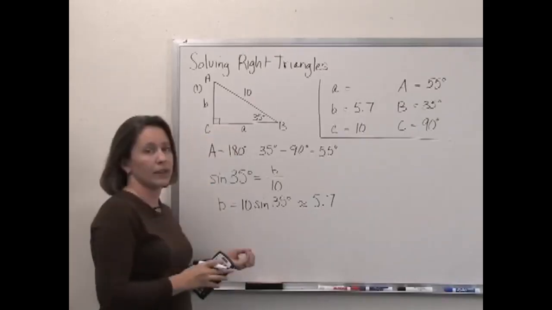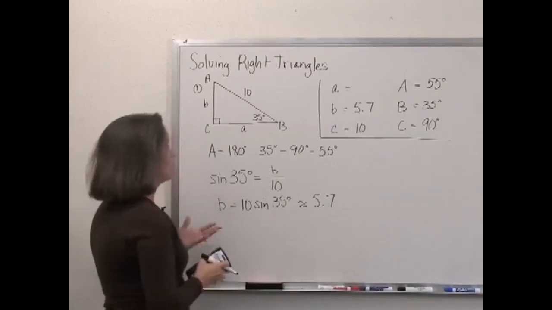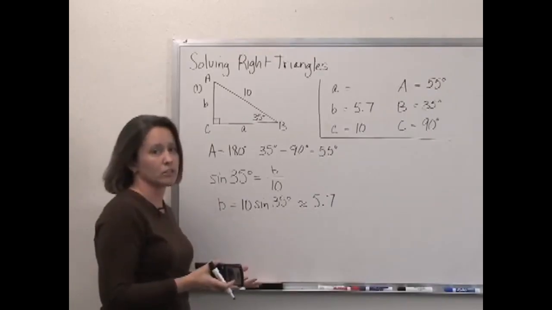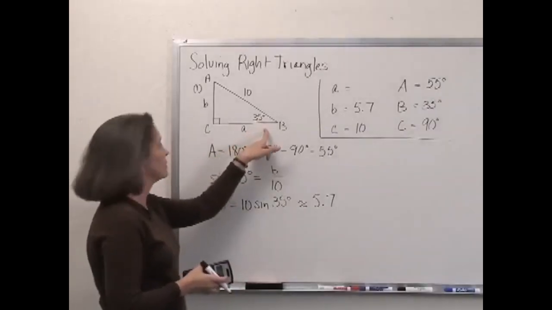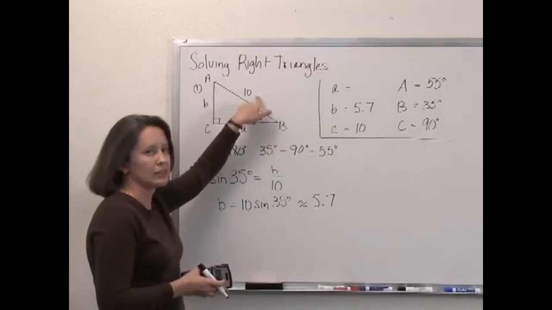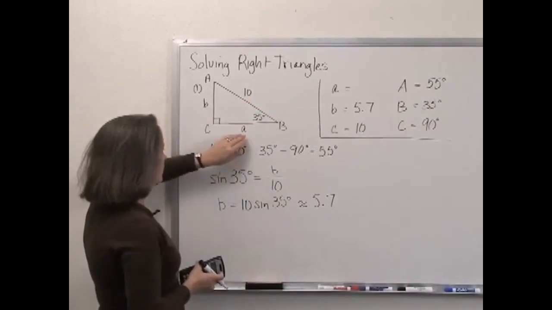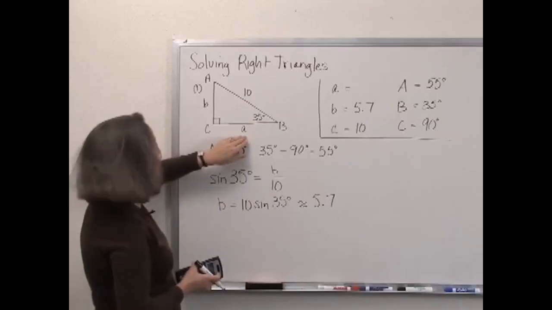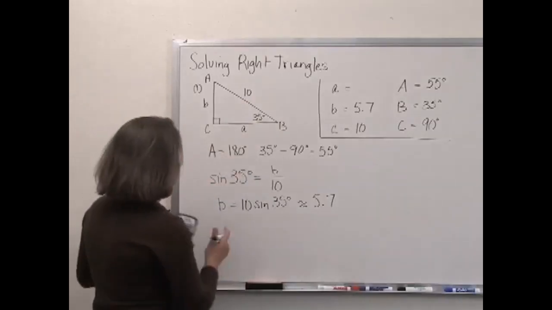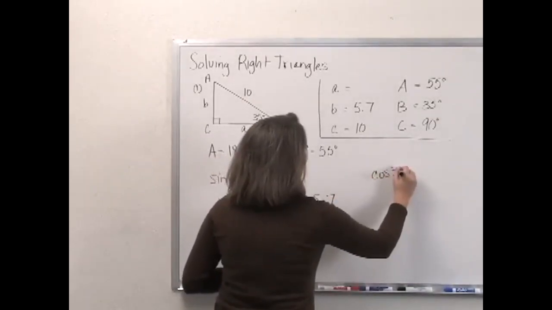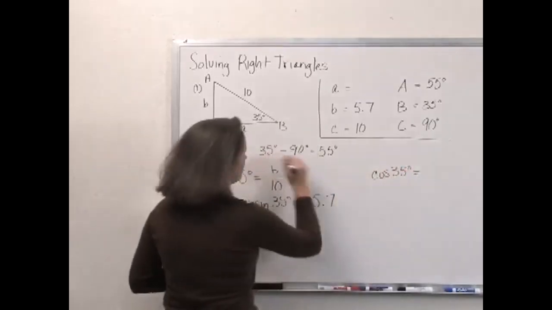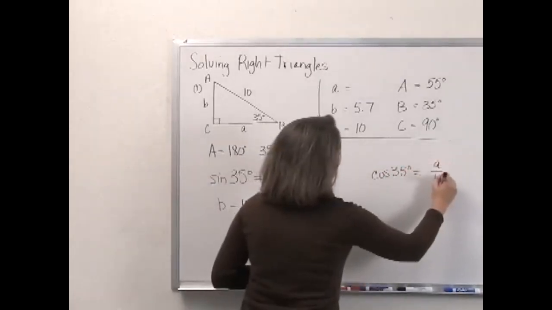We could use the Pythagorean theorem to find it. We could also use one of our other trig ratios to figure it out. A is the adjacent side to the 35 degrees, and we know the hypotenuse is exactly 10. So we're going to go ahead and use the cosine of 35 degrees to find A. So it's going to be A over 10.